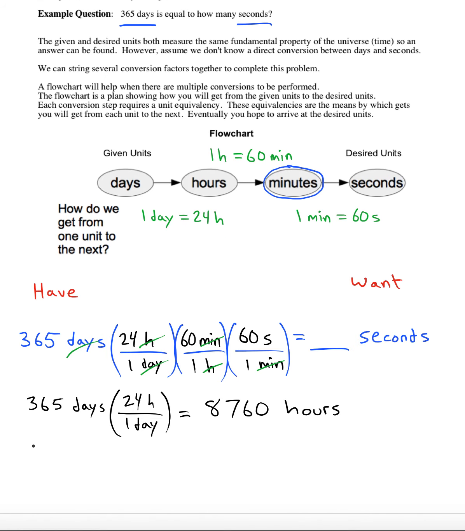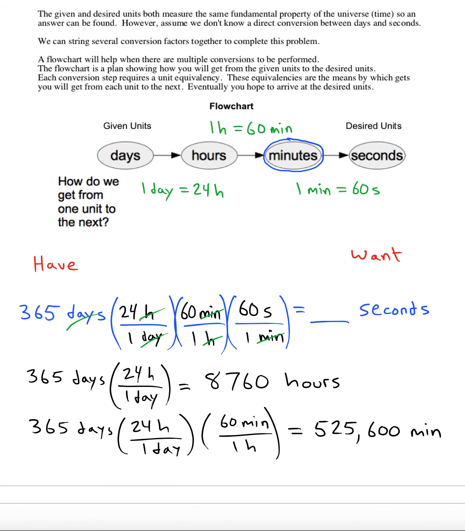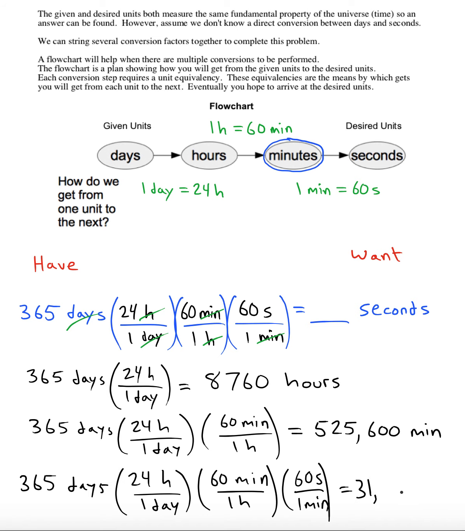If I were to go on to the next step, I'll find that there are 525,600 minutes in 365 days. Finally, if I decide to proceed all the way through, I'll find that there are 31,536,000 seconds in that year.